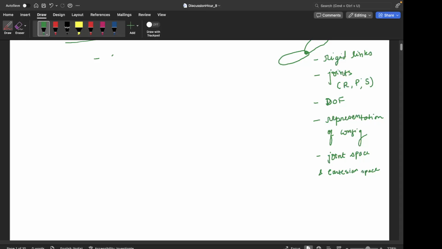While in the Cartesian space, we describe the position of the end effector or any point of interest on the multi-body system in the Euclidean space, that is the three-dimensional space in which we work. And if we are concerned with the entire position and orientation, that is the pose of the end effector or the robot, then the description is given in the combined space of position and orientation.